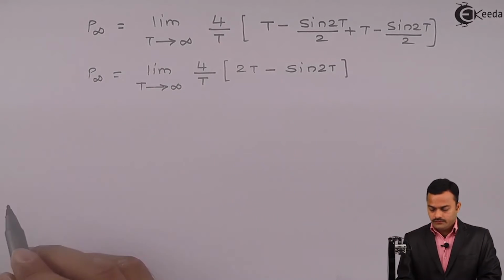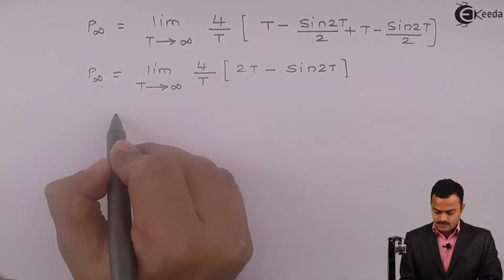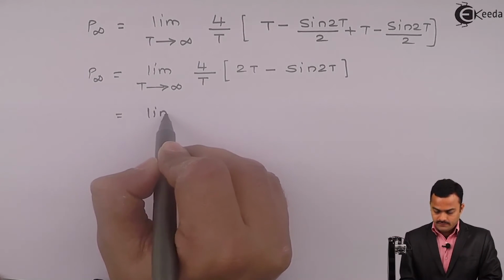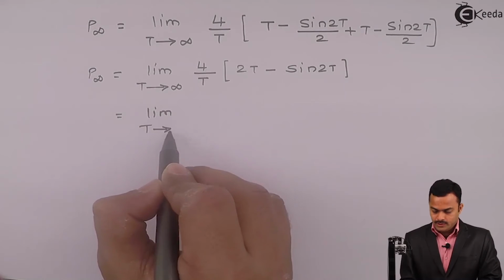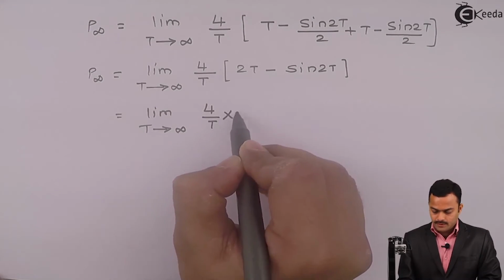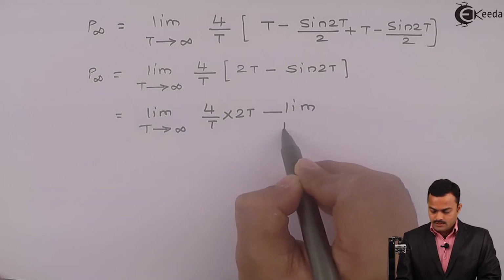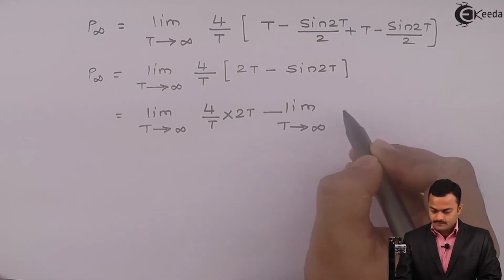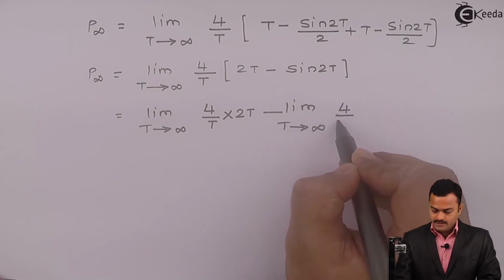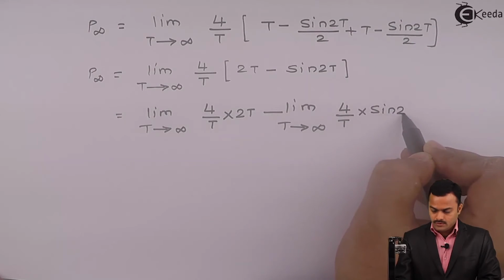Next step, we are going to apply the limit to individual terms, meaning it will be limit T tending to infinity 4 by T multiplied by 2T minus limit T tending to infinity 4 by T multiplied by sine 2T.